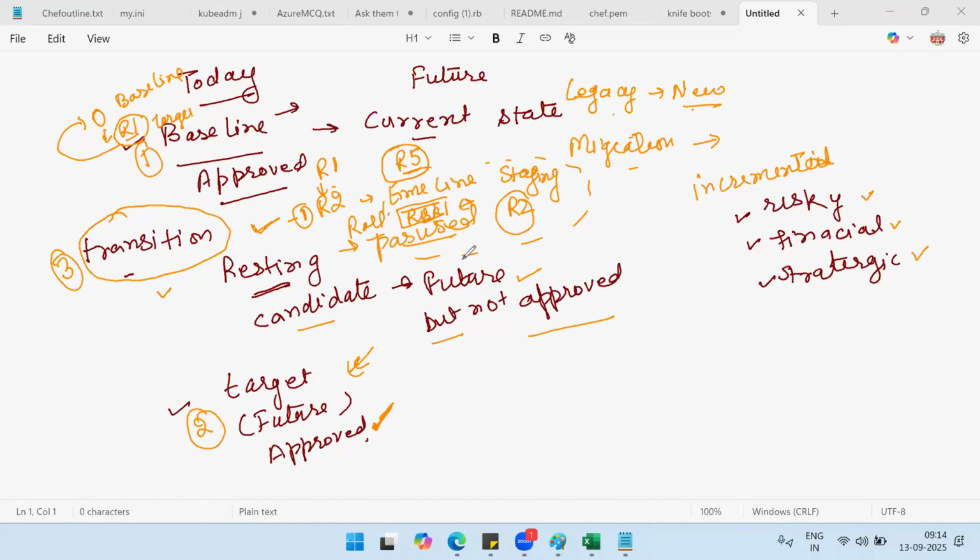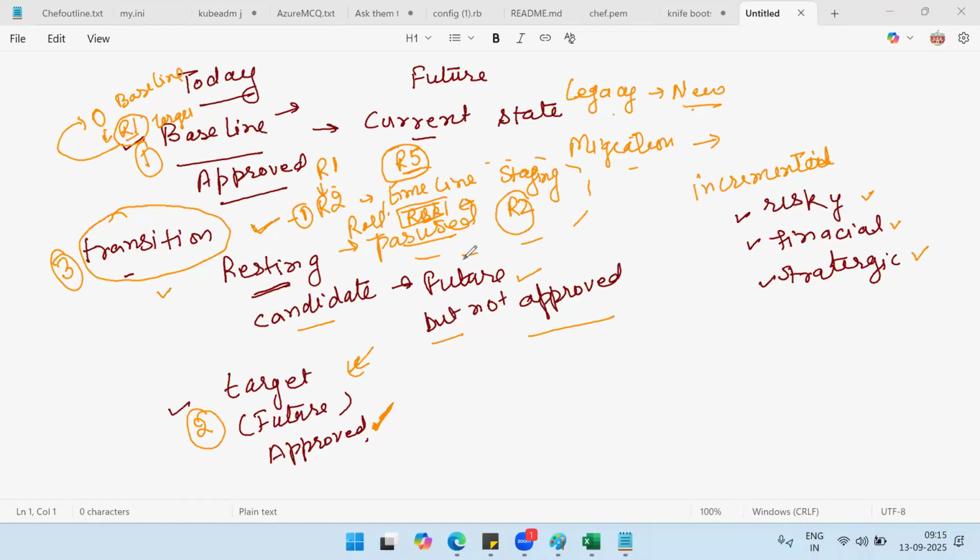So transition state is basically technical only, because you need to design the technical way, like how a legacy application will become a cloud-based application, how migration will happen, how Sybase will be moving the data. So whatever you are designing, that is technical first of all, and second, that flow should be well tested.